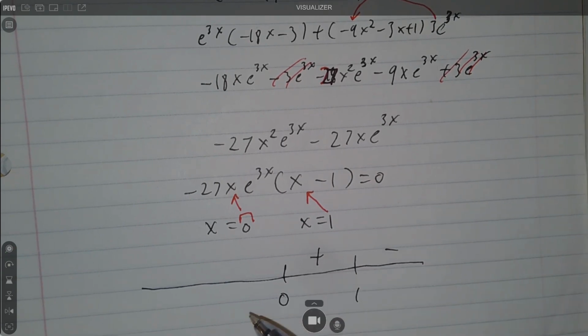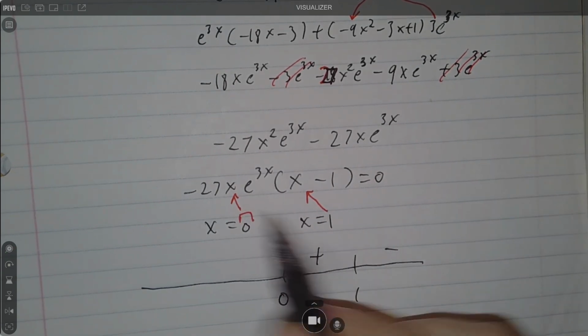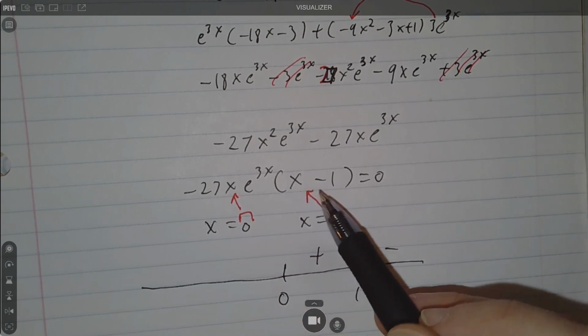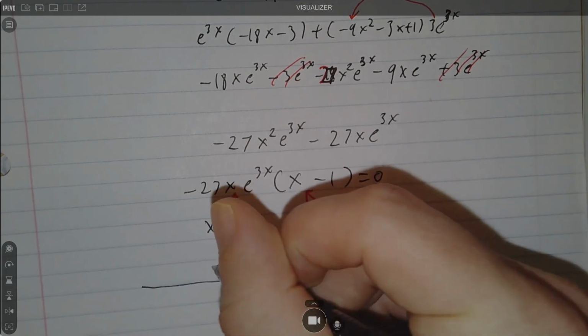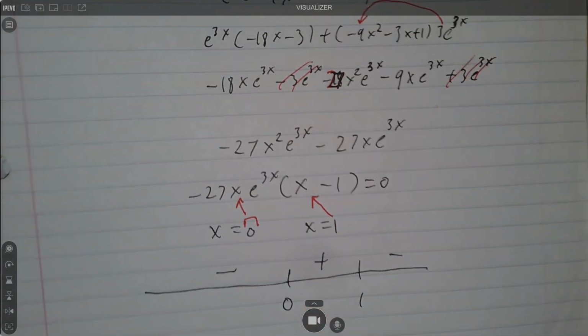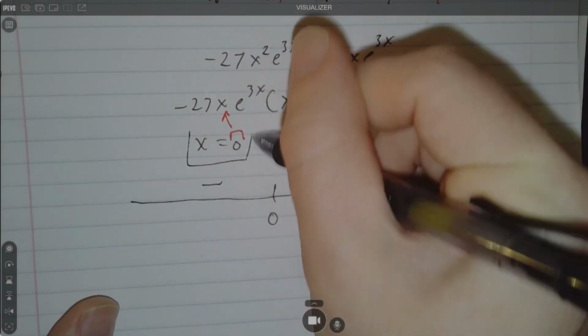And if I plug in like a negative 5, I'd get a negative here and a negative here, but that would make a positive. So it would be a negative and a positive, which would make that negative. Therefore, I have an inflection point at x equals 0 and x equals 1.